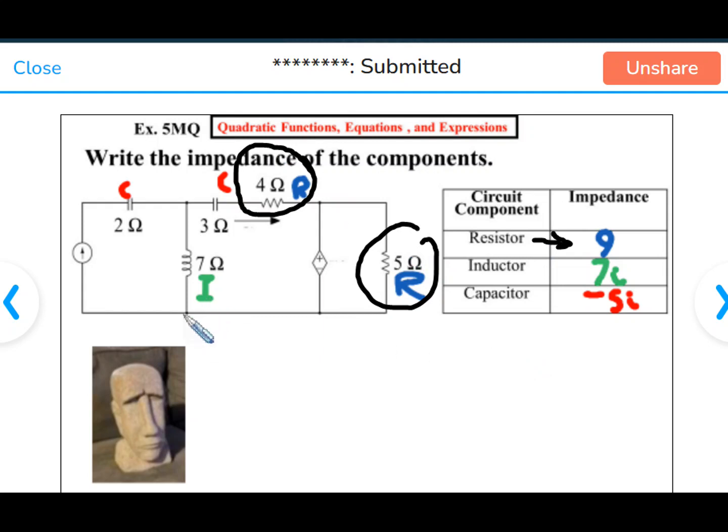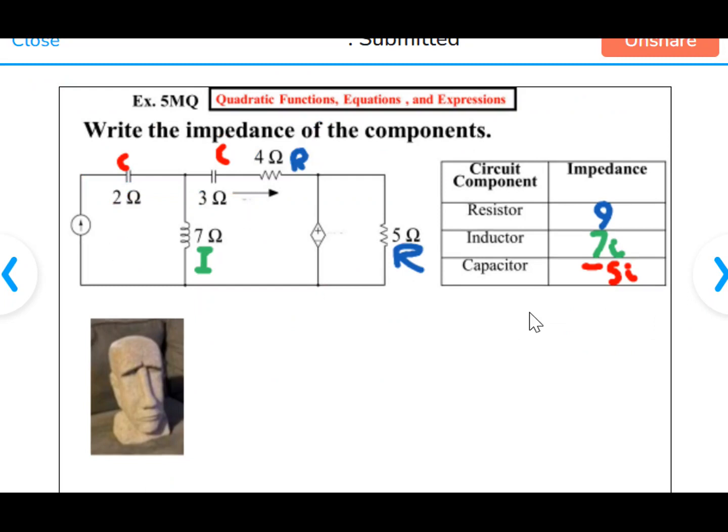And then the inductor was only 1, which was 7. That was a positive 7i. And then the capacitors, there's 2 of them, 1 2 ohm, 1 3 ohm. Combine those, that gives us negative 5i. All right? So from 1 to 5, how comfortable are you with labeling and translating that into numbers? All right. Yeah, we got this.